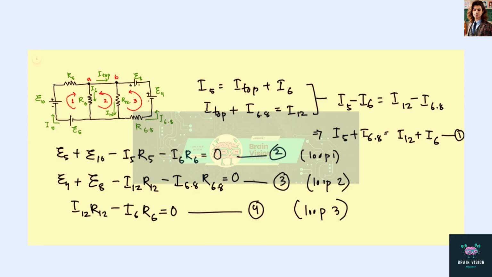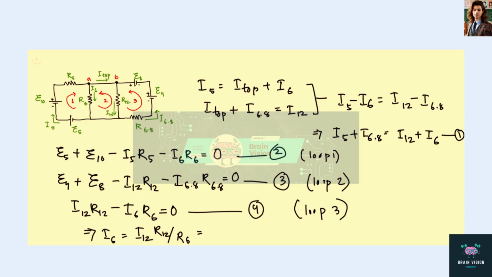Now we will solve these four equations by the method of elimination and substitution. So let's use equation 4 because I find this equation the simplest out of these four. So let's use this to solve for I6. We will get I6 in terms of I12 from this equation, and R12 over R6.